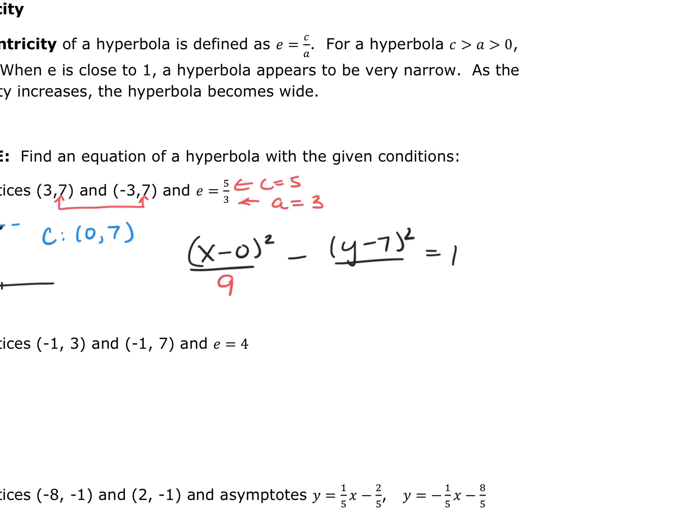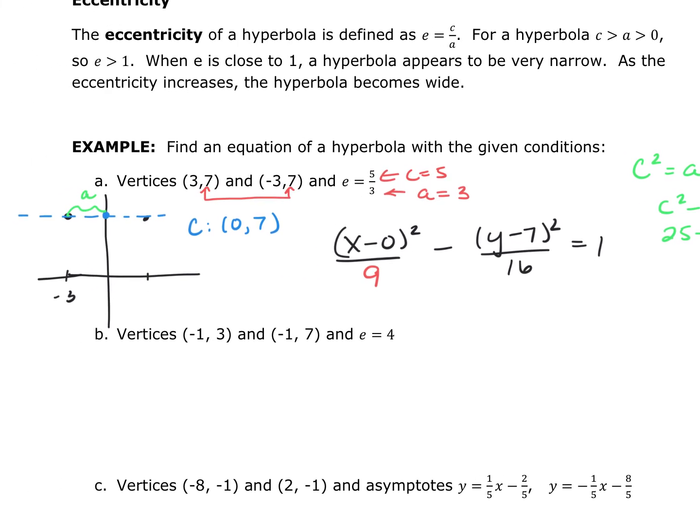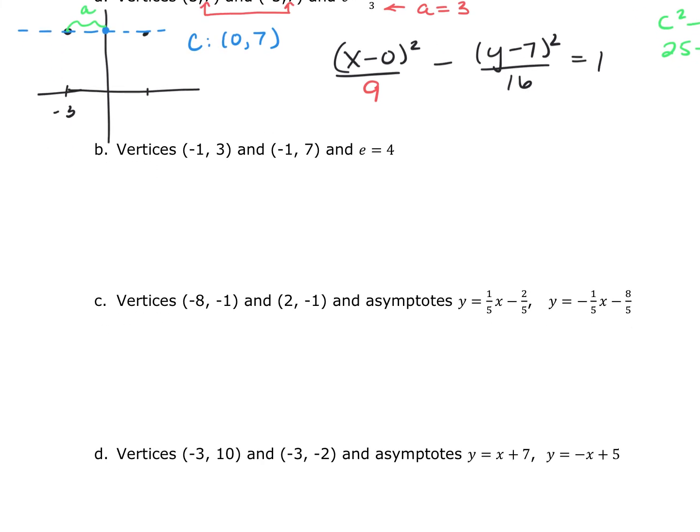Now all I have to do is find my b value. c squared equals a squared plus b squared all day long. So c squared minus a squared equals b squared. I have 25 minus 9 equals b squared, and that tells me this must be 16. And that's the equation.